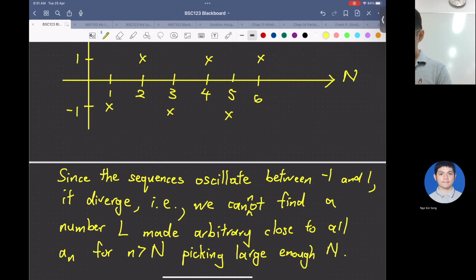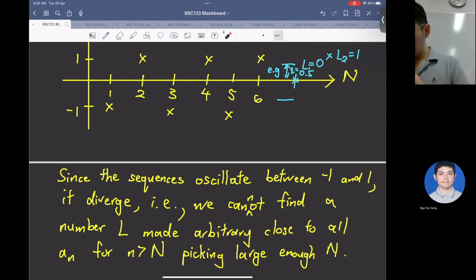For example, let's pick L equals 0. We cannot make the terms of the sequence as close as possible. For example, we pick 0.5. There's no term in the sequence that's within 0.5 of the limit. So we cannot do it. Maybe you will say, how about L equals 1?